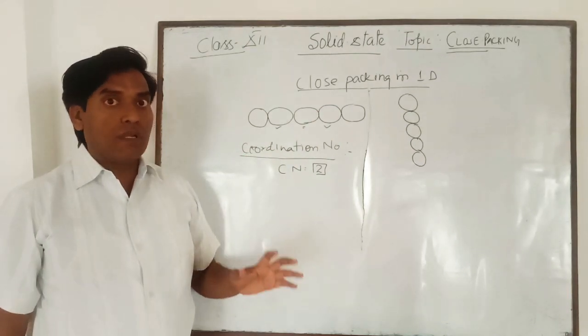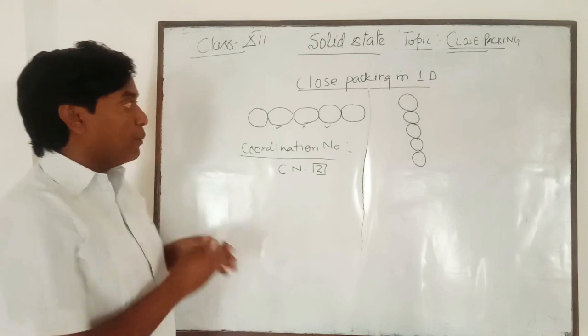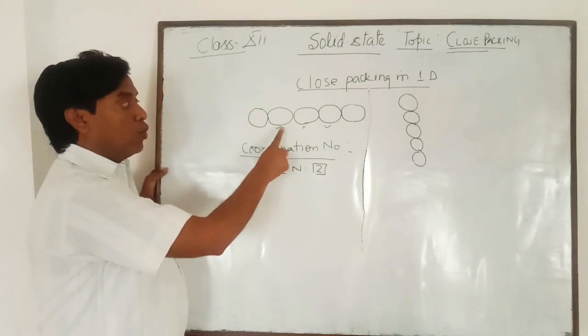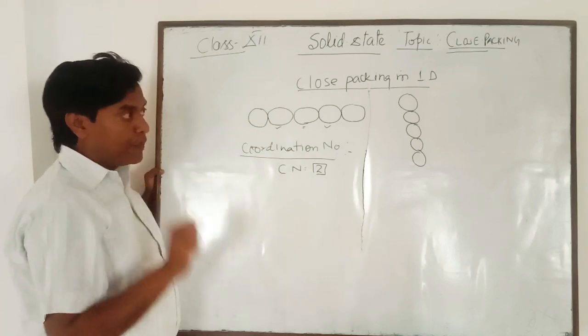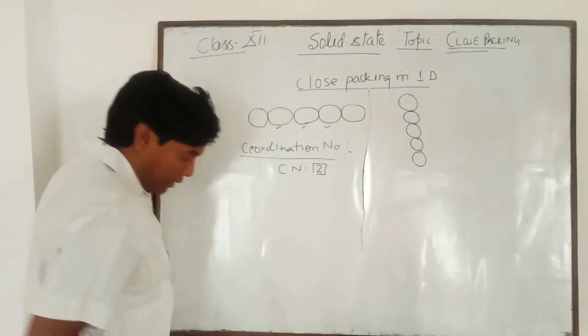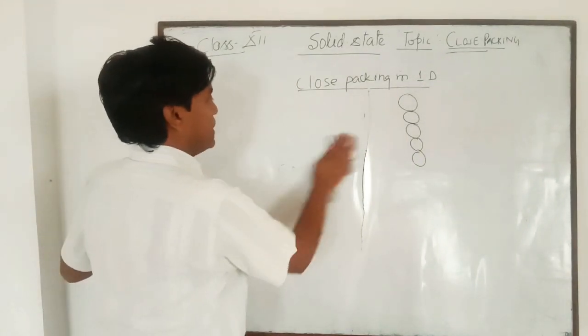And in one-dimensional packing, the coordination number is 2. Why? Because in one-dimensional packing, one sphere is touched by the other two spheres. Clear?